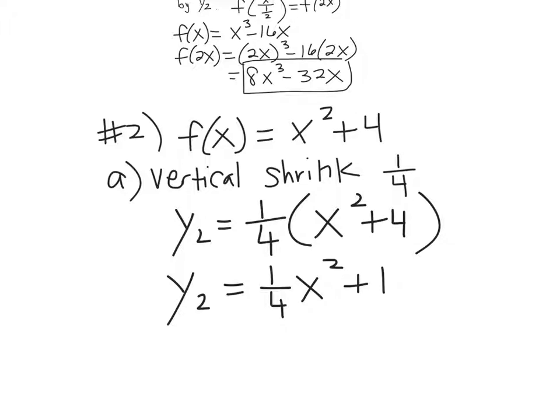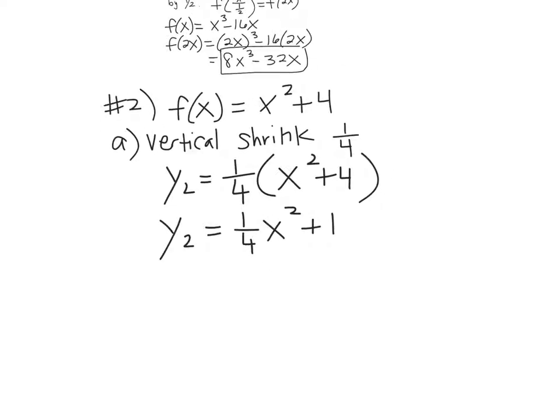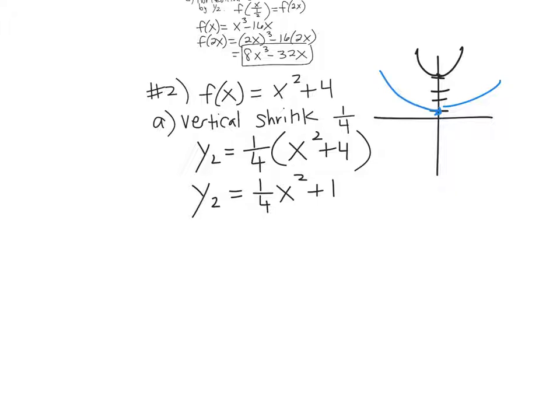Okay? This is the graph of x squared plus 4. You know how to graph that, I hope. 1, 2, 3, 4. Okay? Up like that. And then when I vertically shrink this to 1/4, everything gets shrunk down, and you're at 1 now, and it's 1/4, and so it actually goes like super wide like that. All gets shrunk down. Kind of weird.